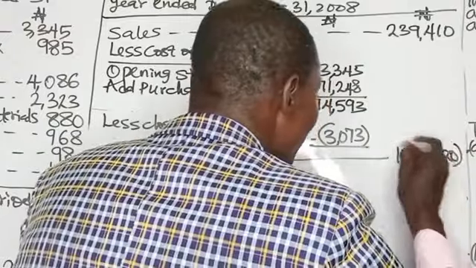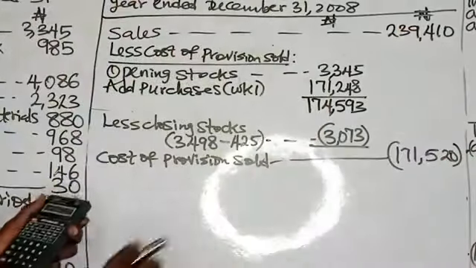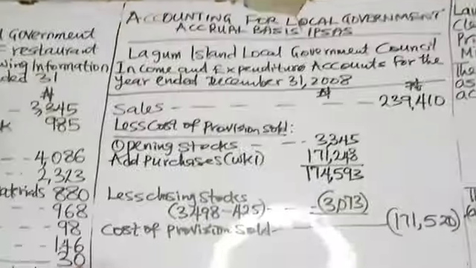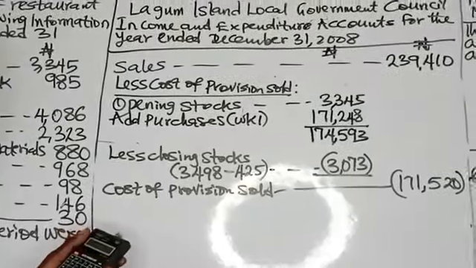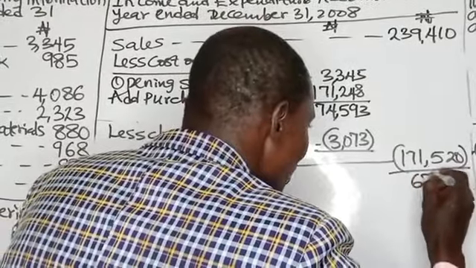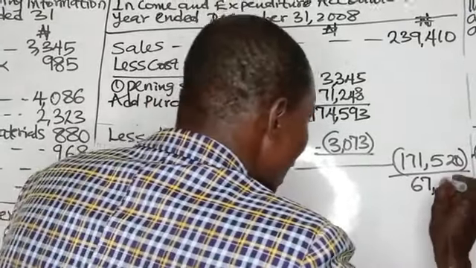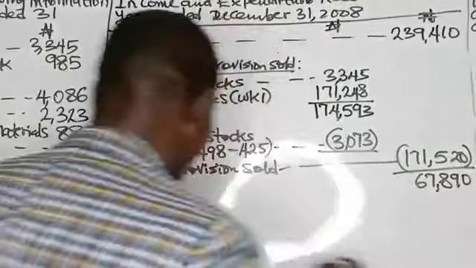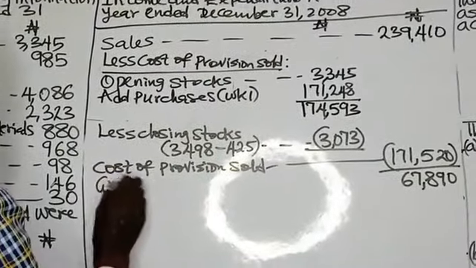If you subtract this from sales of 239,410, then you have the gross profit of 67,890. That is the gross profit.